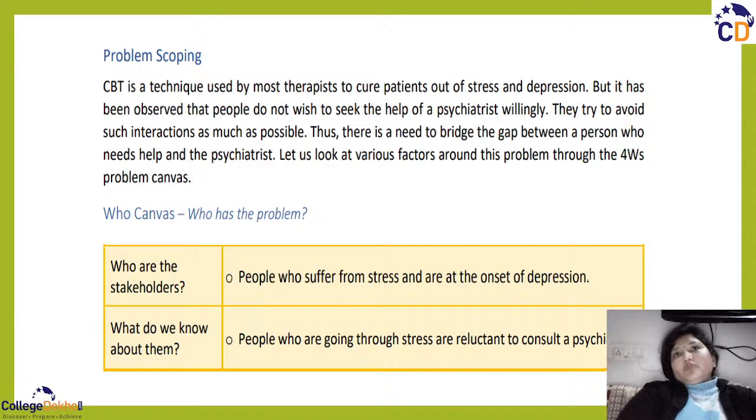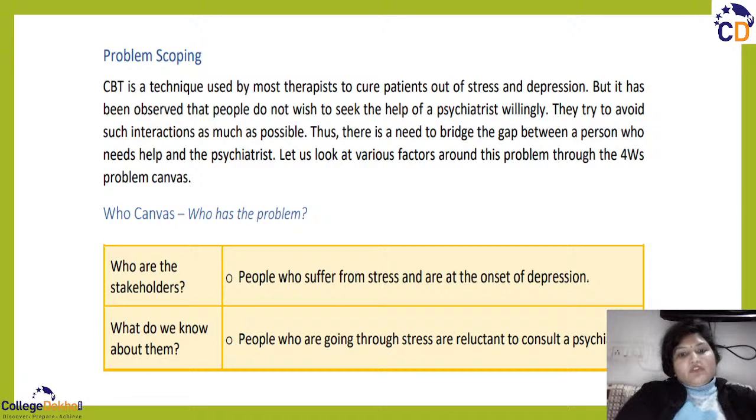So when we talk about the problem scoping part, it has the 4 W's canvas. The 4 W's canvas talks about what, who, where, and why. So let us see one by one. First is who. Who basically talks about the stakeholders in the problem, or those who are associated with the system or AI model.